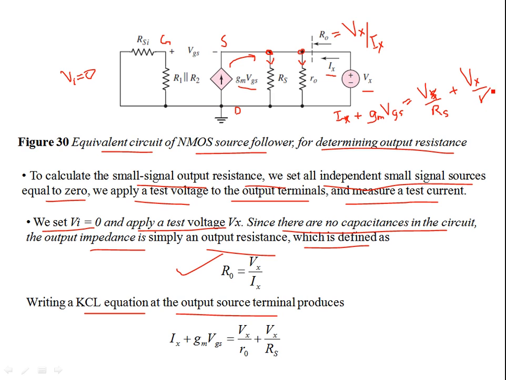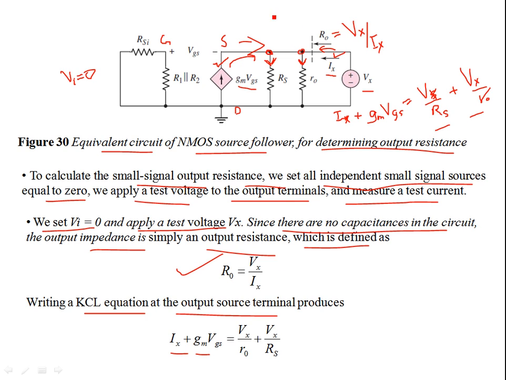These two currents, Ix the test current and the dependent current, flow in towards the node, and the current is bifurcated into two resistive branches, which can be written as Vx by Rs and Vx by R0. So from the KCL equation, Ix plus gm VGS equals Vx by R0 plus Vx by Rs.